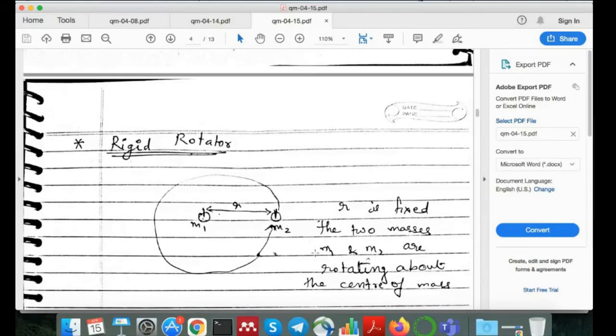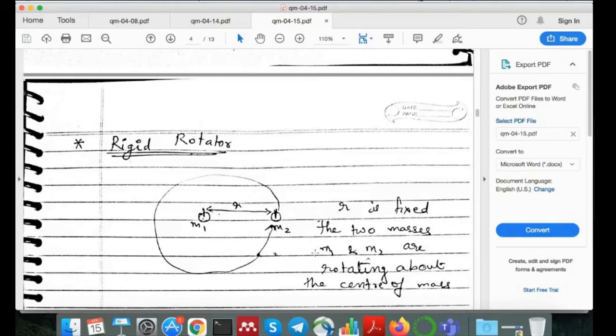Next we'll look at the rigid rotator problem. A rigid rotator essentially consists of two masses separated by some distance r, and there is a rotation about the center of mass axis. So that is your rigid rotator.